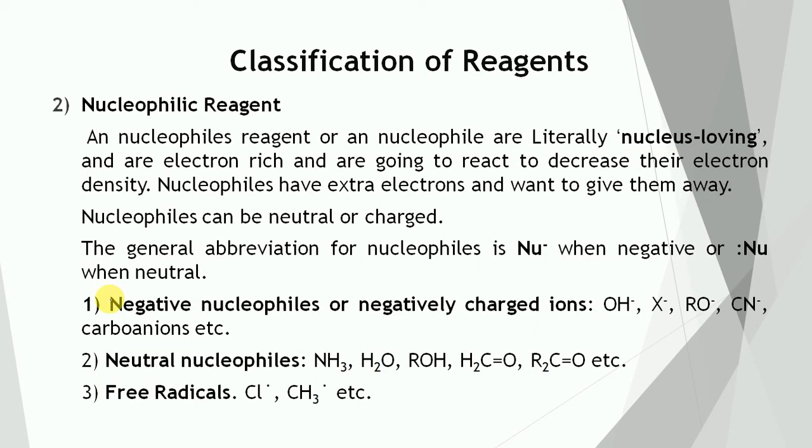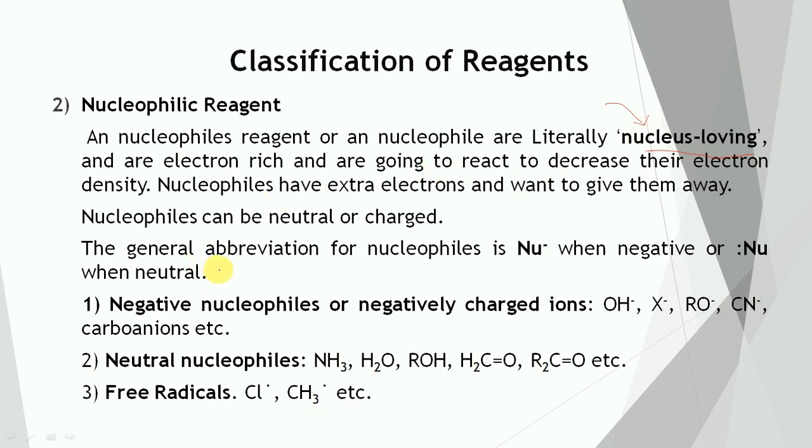The second one, nucleophilic reagent. A nucleophilic reagent or a nucleophile is a reagent containing an atom having an unshared or lone pair of valence electrons. Sometimes they are called nucleus loving because they are themselves electron rich species and always in search of electron deficient centers.